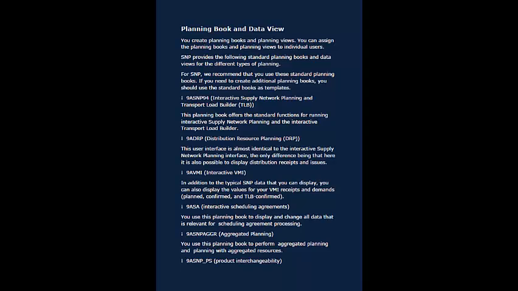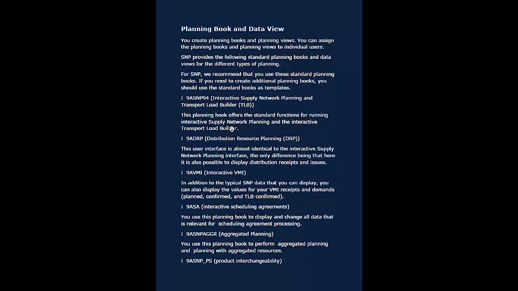To find this standard planning book, you right click on the standard planning area and go to details. Here are the standard planning books. 9ASNP94 Interactive Supply Network Planning and Transport Load Builder.